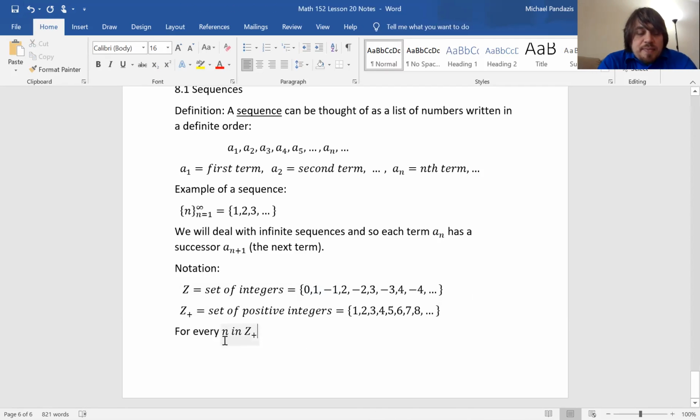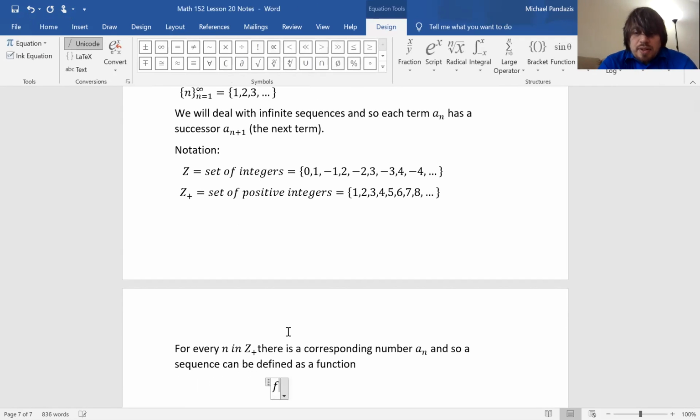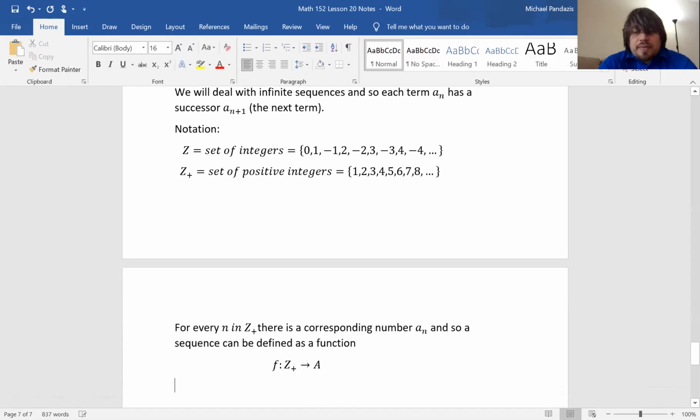So for every n in Z sub plus, the set of positive integers, there is a corresponding number, a sub n, and so a sequence can be defined as a function f from the set of positive integers to A, where capital A is any set.